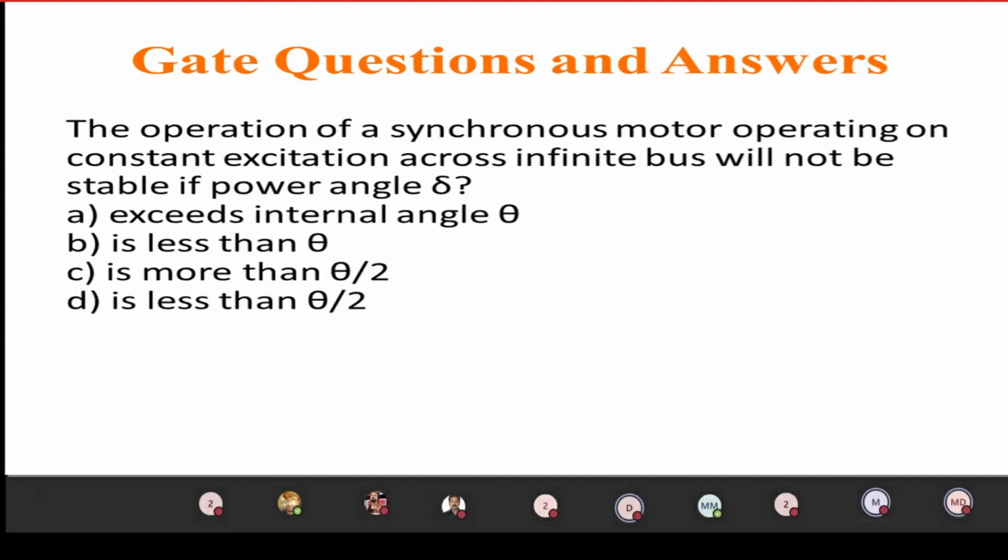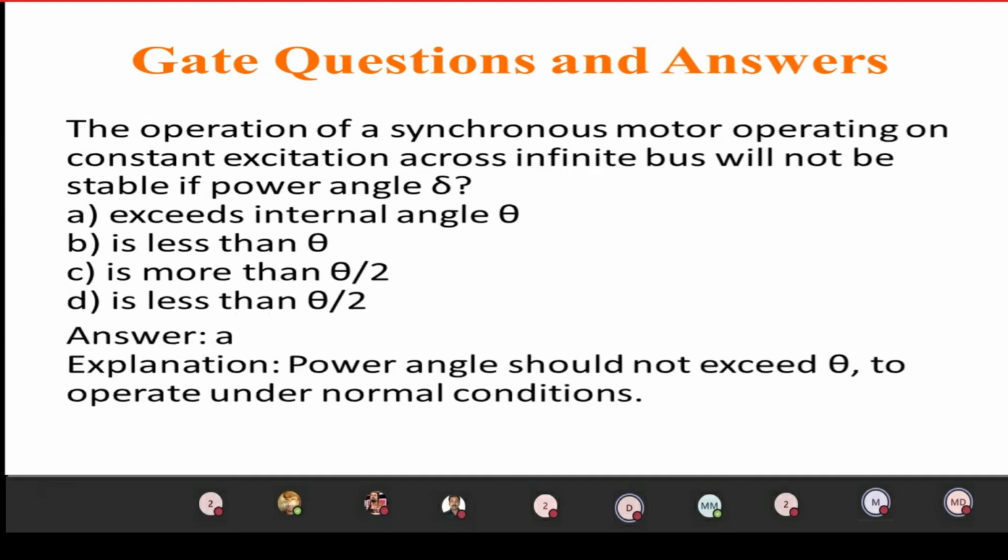So the power angle should not exceed theta to operate at normal condition. Let me see the answer. The answer given is power angle should not exceed theta.